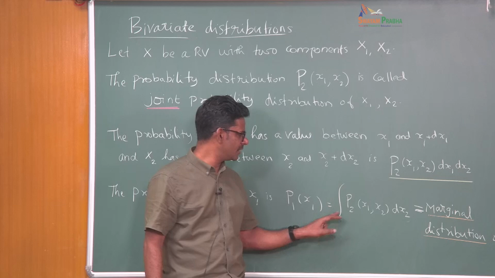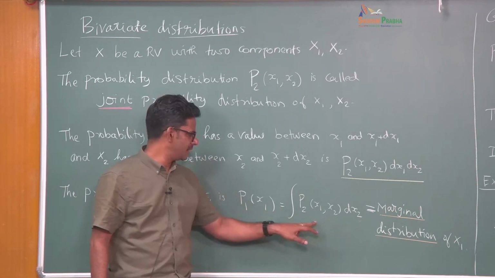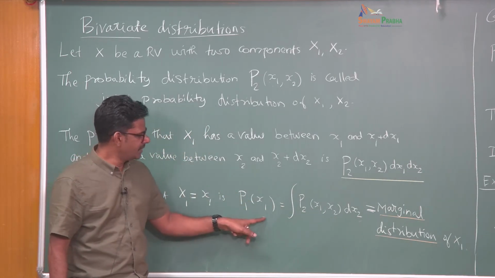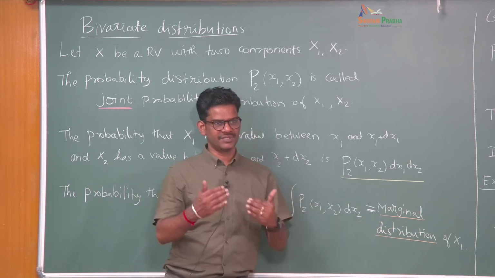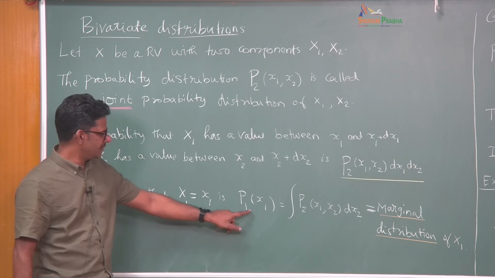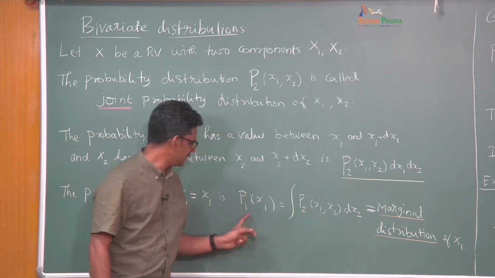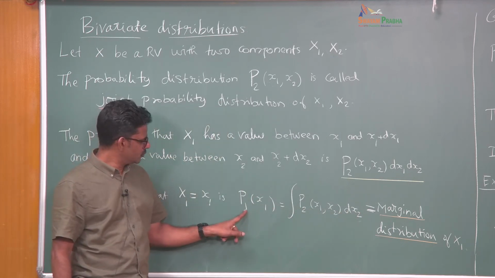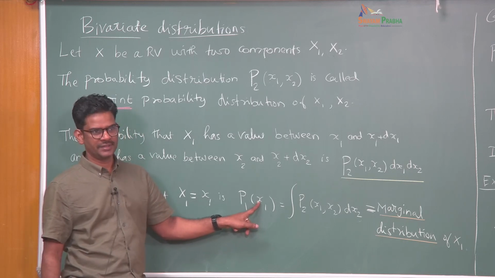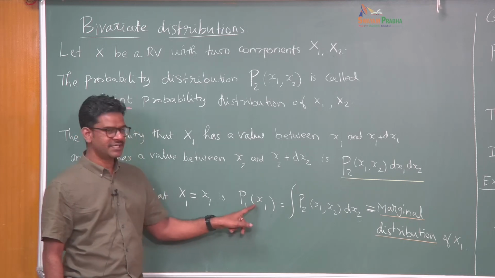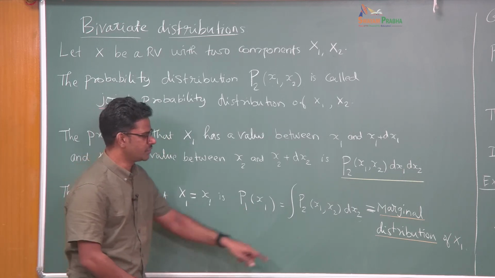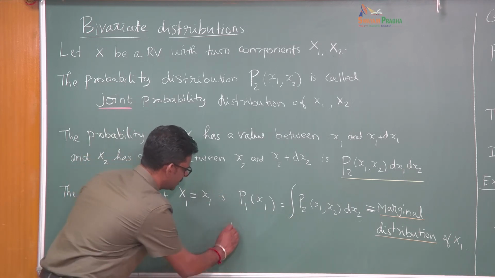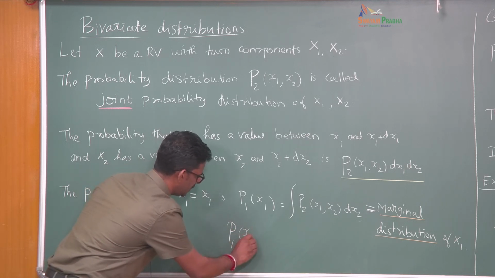This integration is over all possible values of x2 for a given x1, and this is called the marginal distribution of x1. It's a kind of subset, and the notation for the marginal distribution is p1(x1). This 1 means there is only one argument, and we put x1 here because that is our interest. You can similarly write a marginal distribution of x2, that would be p1(x2).